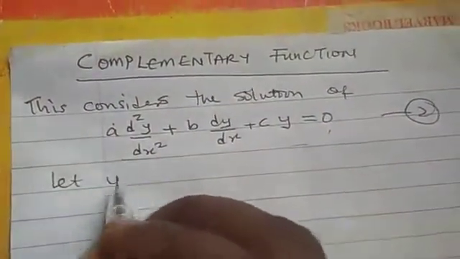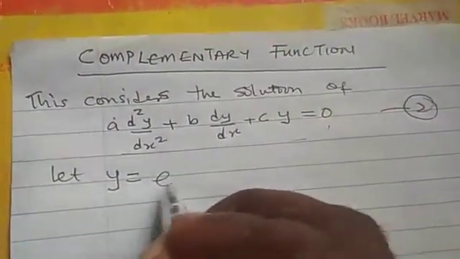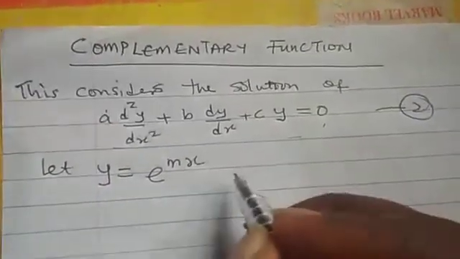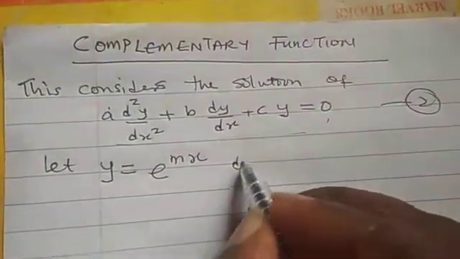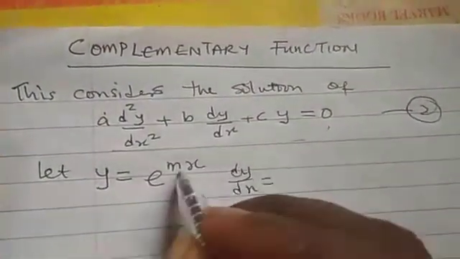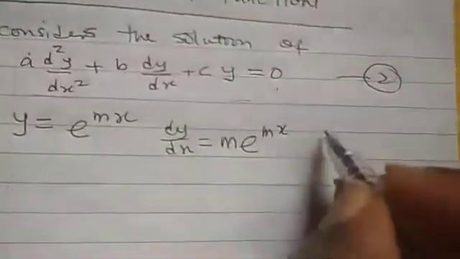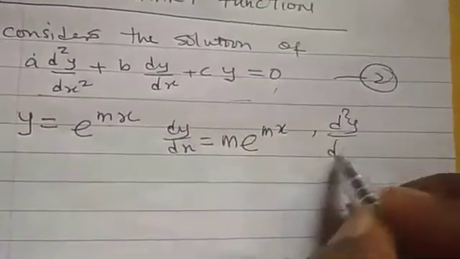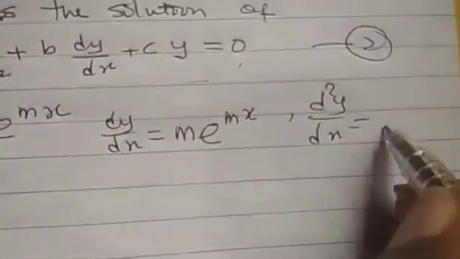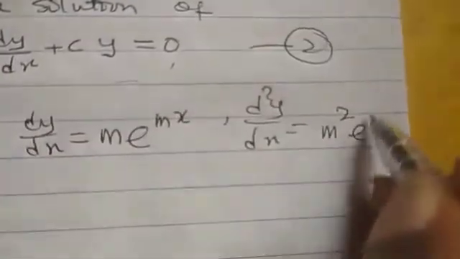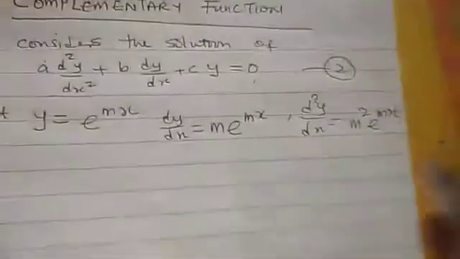We start by saying, let y be equal to e^(mx). And we differentiate dy/dx. If you differentiate this, it will give you m e^(mx). If you differentiate once again, the m will come down again. It will be m² e^(mx).